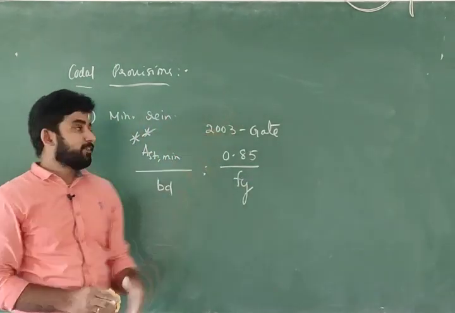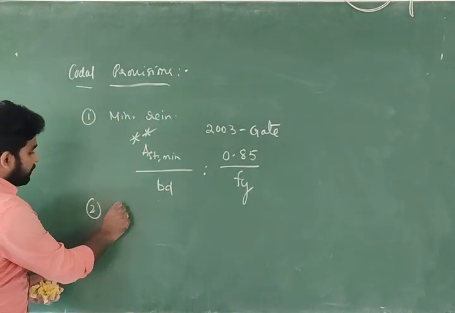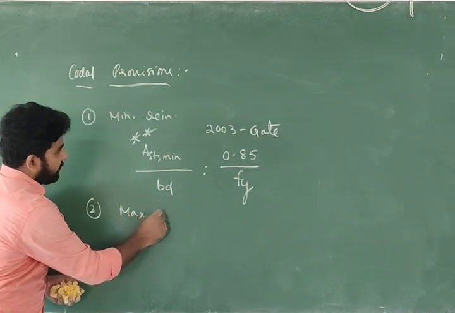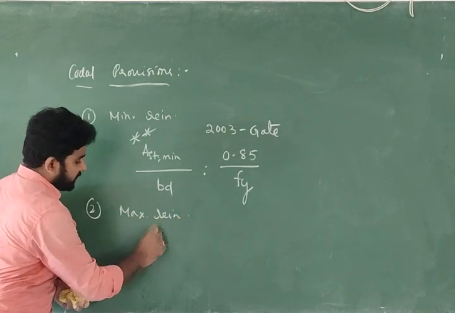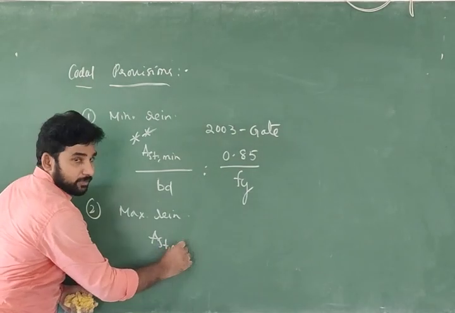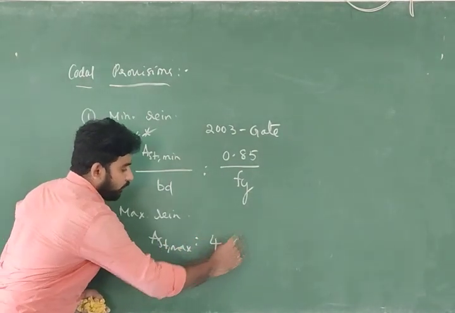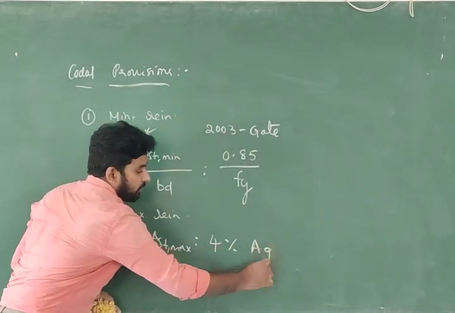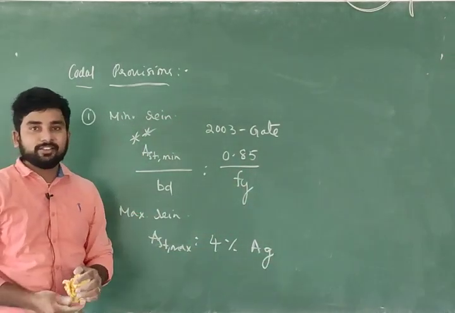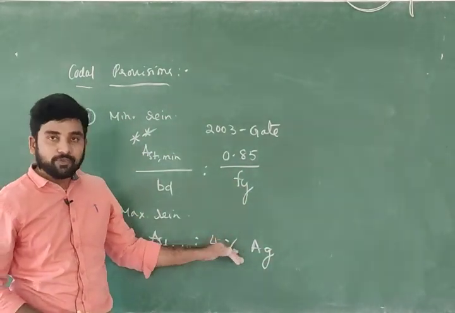What about maximum reinforcement, sir? The maximum reinforcement you should provide is Ast maximum equals 4% of the gross cross-sectional area. So you should restrict up to 4%.